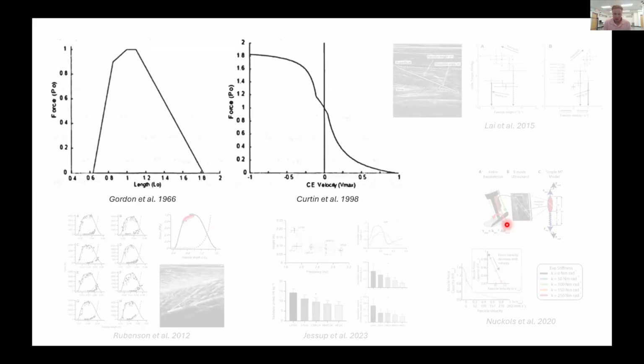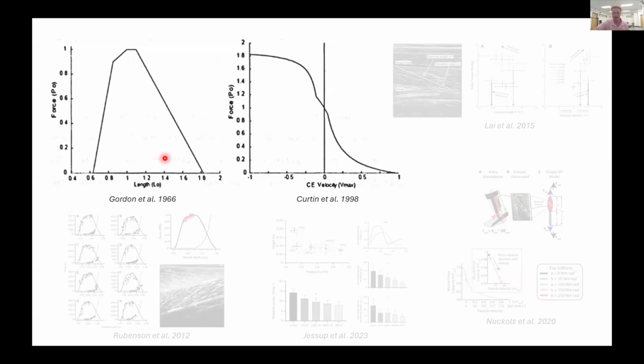So, if we can measure the instantaneous length and velocity changes of muscle in relation to some optimum, that gives us an idea of the instantaneous operating capacity or force generating capacity of that muscle.